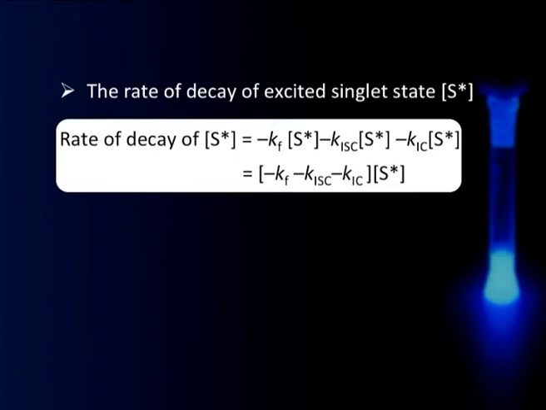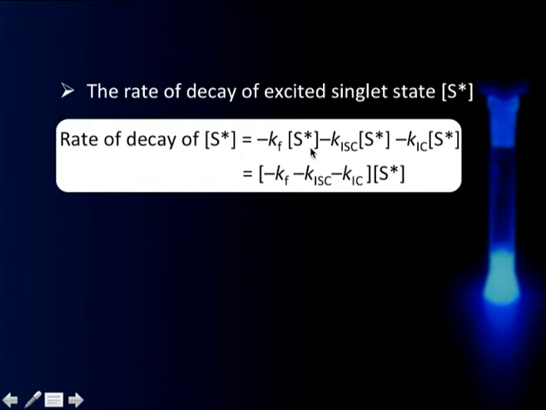Okay. If this be so, what we can see is the rate of decay of the excited singlet state will be given by the following expression here. We have got a molecule in the ground state, we give energy, it becomes excited, thereafter it starts relaxing down. So, there are different mechanisms. One possible component of the rate of decay is: kf happens to be the rate constant for the fluorescence emission here.